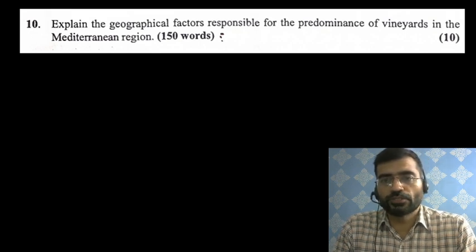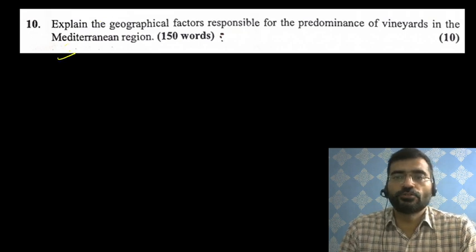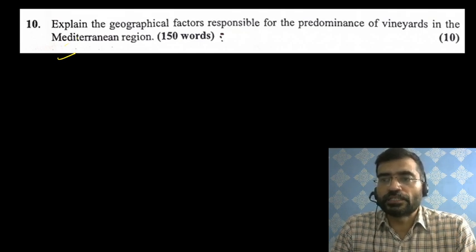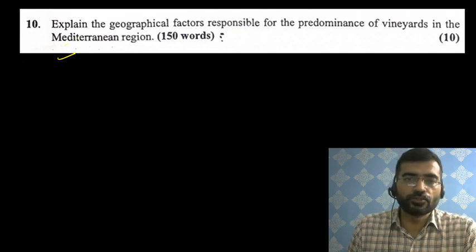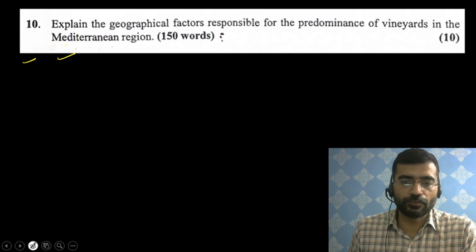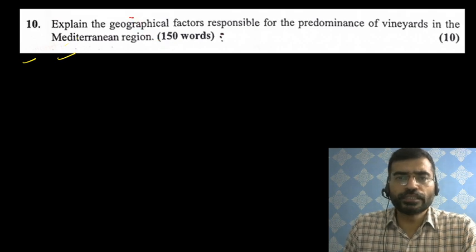Now one more question I would like to discuss with you: explain the geographical factors responsible for the predominance of vineyards in the Mediterranean region. Look, again this requires deep understanding of geography. You can understand it by reading this question. First, the key demand is geographical factors.